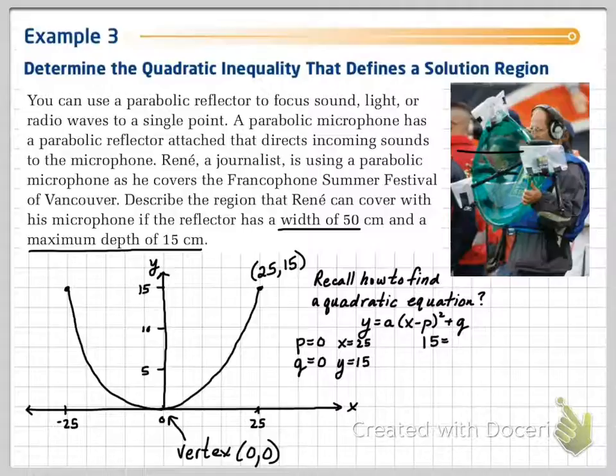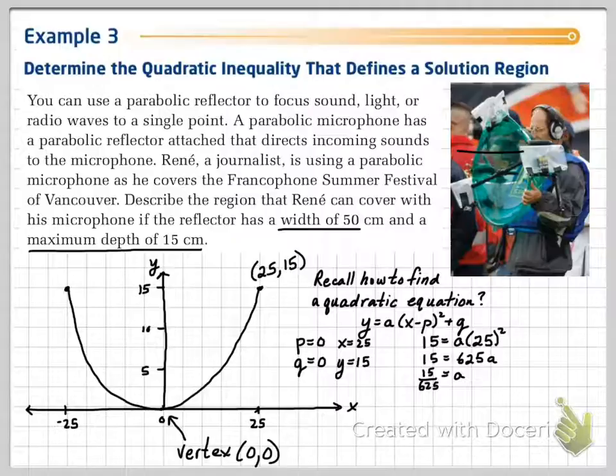We got 15 for y equals a, we don't know, times x, which is 25 minus 0, which is just 25 squared, plus 0. Well, that's all we're done. So that'll be 15 is equal to 625 times a, dividing both sides by 625.